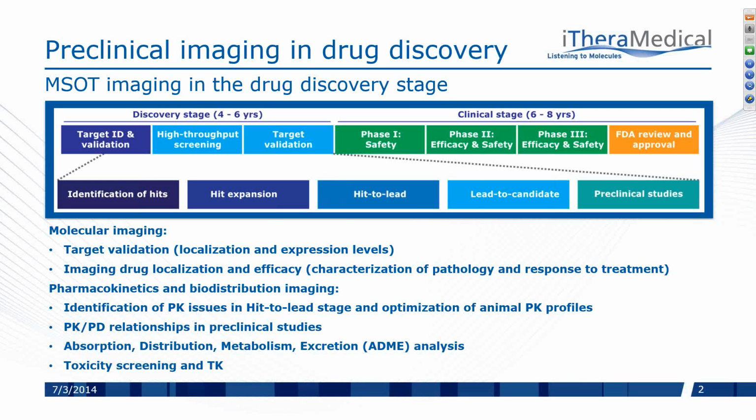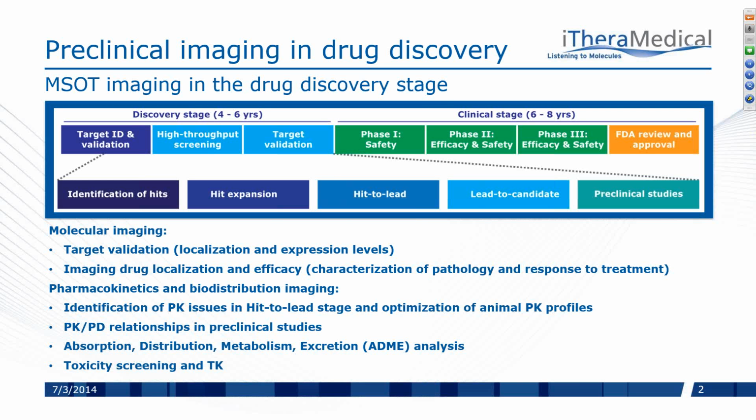Today we want to focus on how we can use imaging to deduce pharmacokinetic and biodistribution information. This would be in the hit expansion or lead to candidate phase of the discovery phase in the drug development process, and we can use this type of imaging to identify potential pharmacokinetic issues that may exist with the hits or the leads. And we can optimize animal pharmacokinetic profiles.